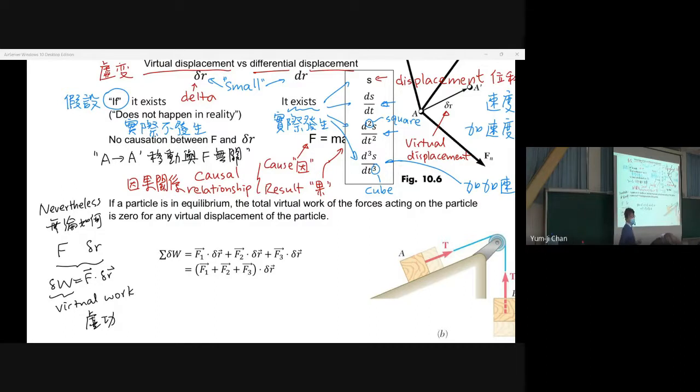Because we have a force, we have a displacement, a virtual one. It does not happen in reality, but let's say we have one. Of course, we can get a work because we can multiply these together. And this is called virtual work because this is virtual displacement.